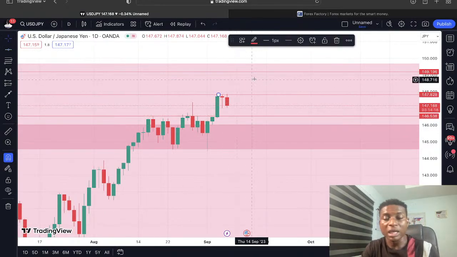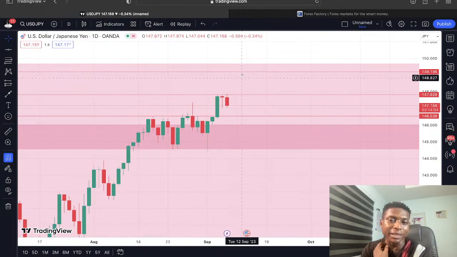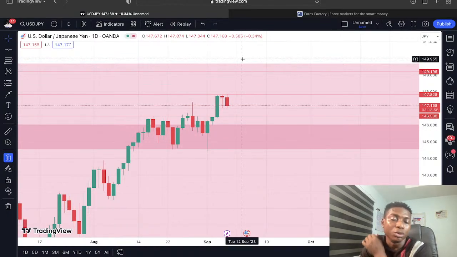All right, so there are two things we can do from here, because at this level what we can see is a bullish momentum on the USD JPY, and where the USD JPY is eyeing is this level, which is around 149.55 or 150.